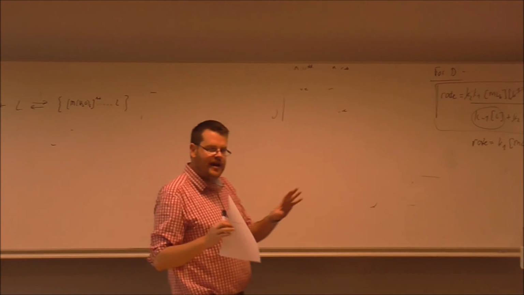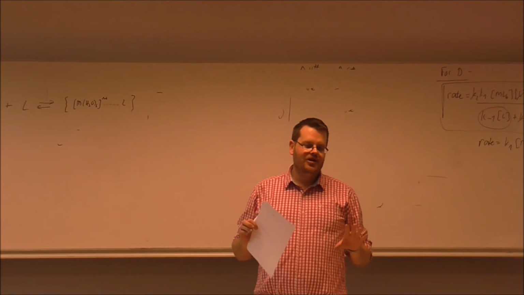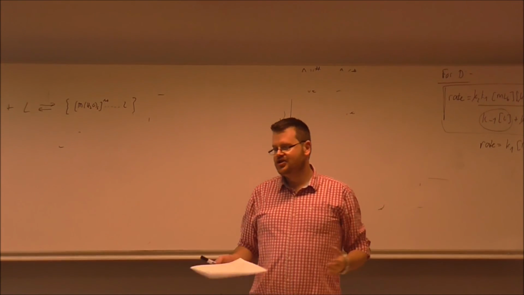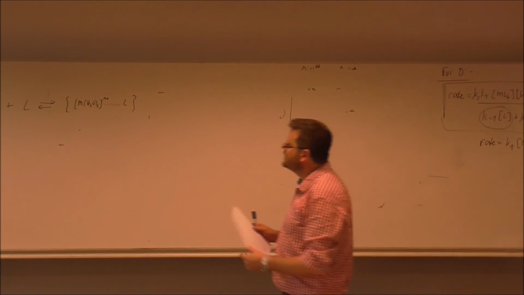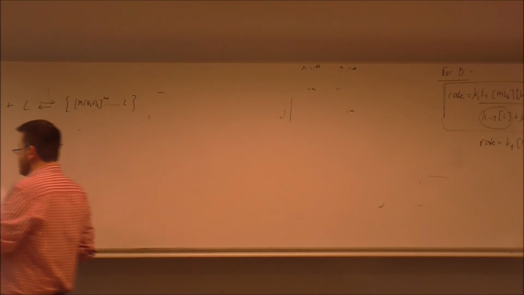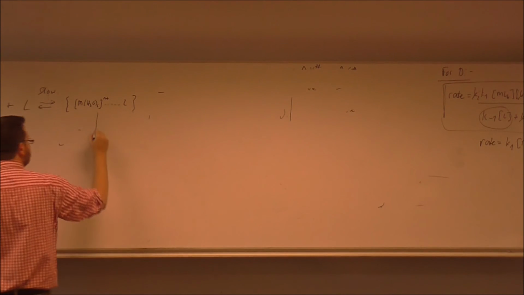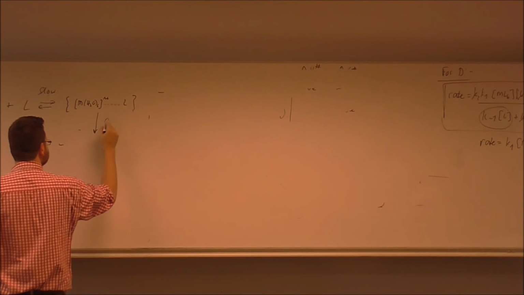They come into contact with each other pretty much like what you would think of in an interchange mechanism. It is really the interchange, an interchange-type intermediate. This is a pretty slow process. And then once that is formed, you go to the product fast.